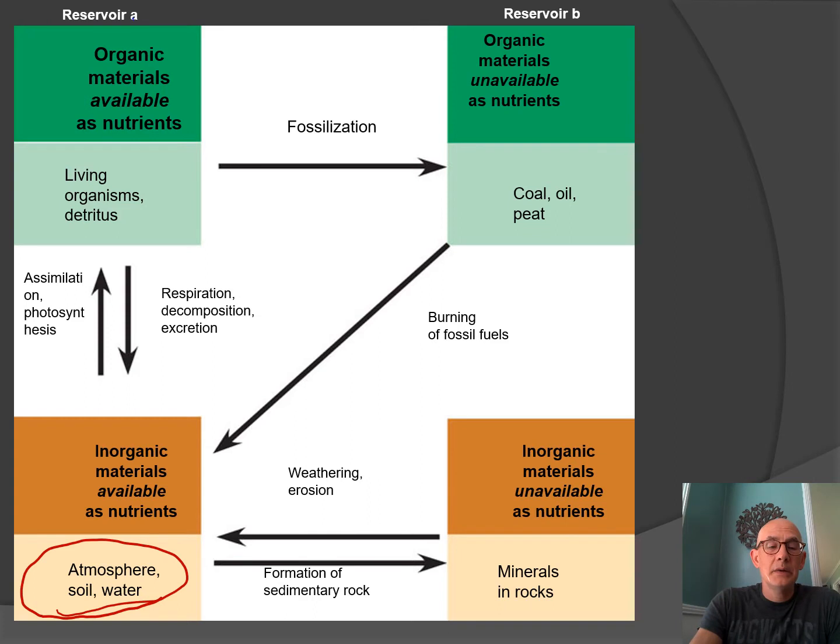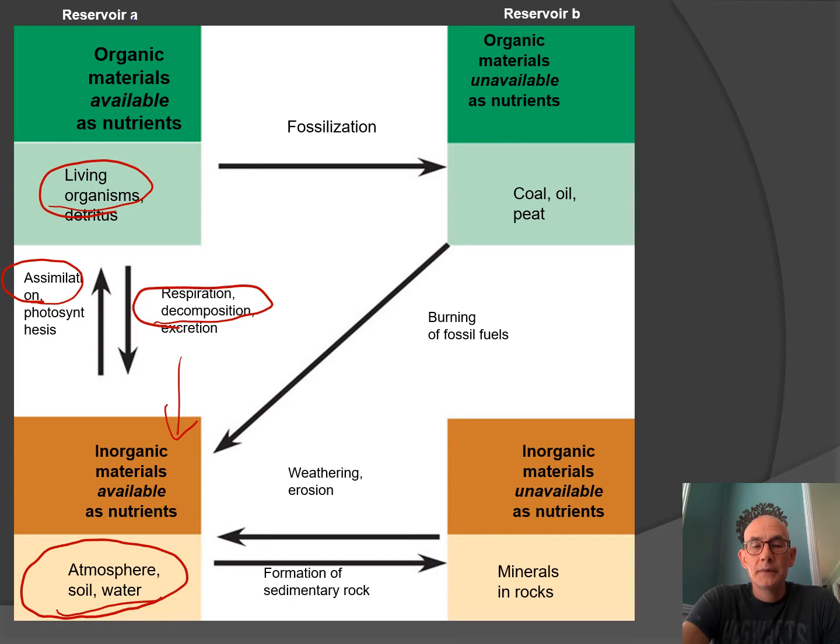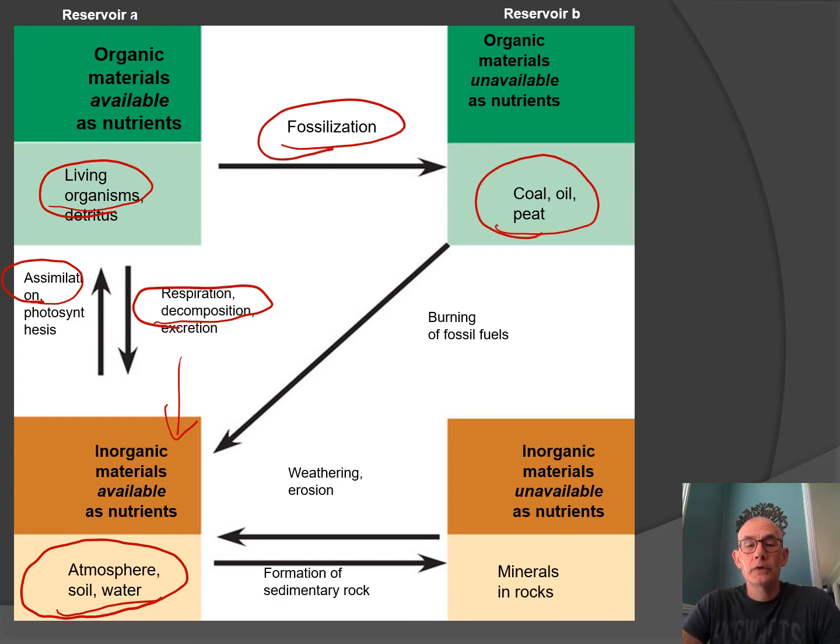These will then be moved by assimilation into living things. And then you get all of your food webs and your food chains and everything cycling that way. Living stuff will die, then it will decompose back into your reservoirs, or the dead stuff can fossilize and become things like coal and oil.